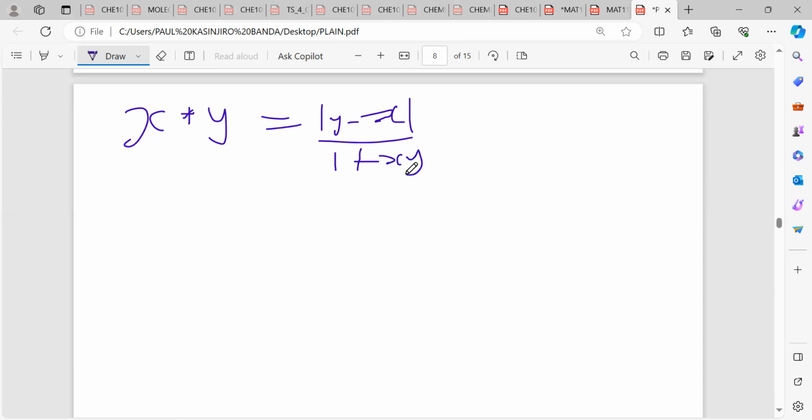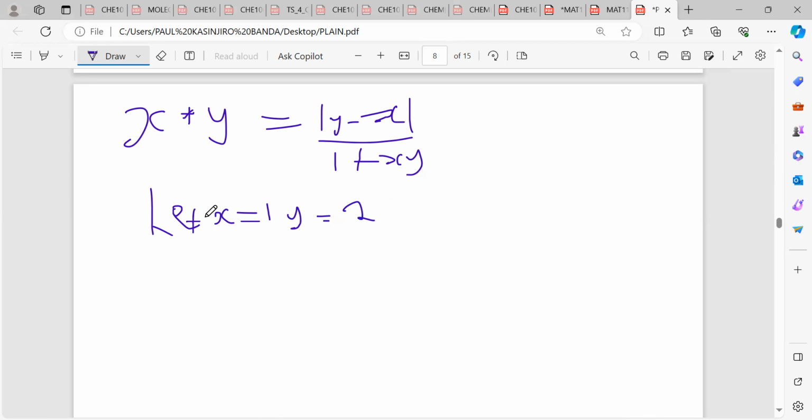Show that the star is commutative. So your x star y will be this. Then you can say, let x be equal to 1 and y be equal to 2.